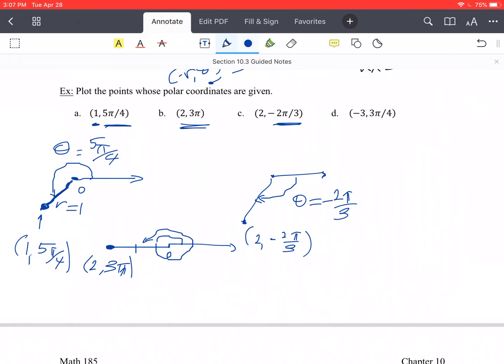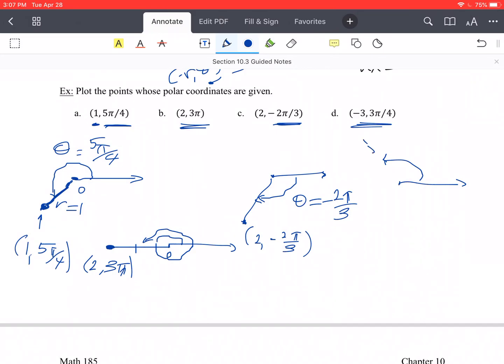Right down here. And then last one, negative 3 comma 3 pi over 4. So for this one, get my polar axis going here. So 3 pi over 4, that's going to be right about here.